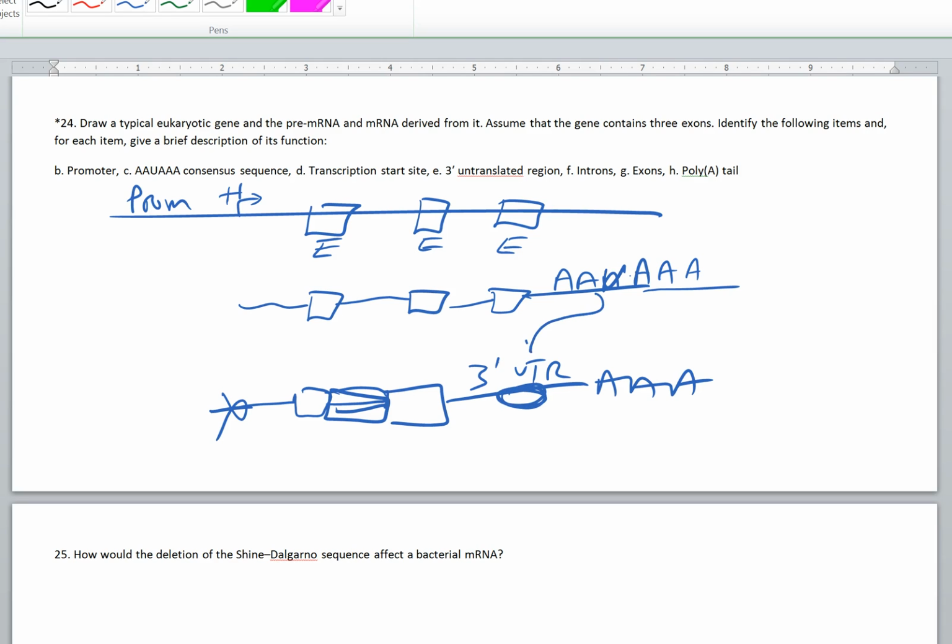So this is here as well. It's part of the 3' UTR. Transcription start site is here. 3' untranslated region, we got it. Intron. Poly A tail. Alright, so I think we got it.